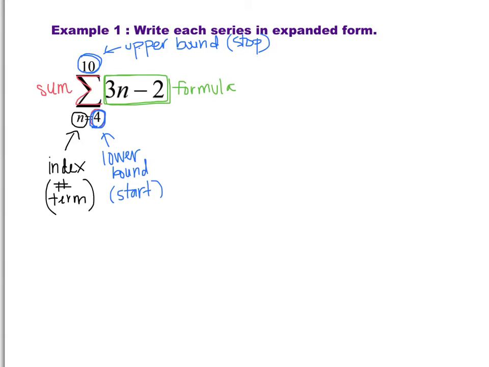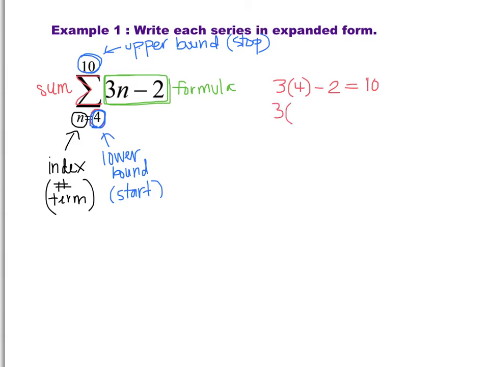Okay, so here's what this is asking us to do. It's asking us to use the formula starting with plugging in 4 for our n and ending with plugging in 10. So I'm really going to show all my work just for this first example so you guys see what's happening. So the first time I'm going to start with my lower bound, which is 4, and then plug that in for n, and I'll get 10.